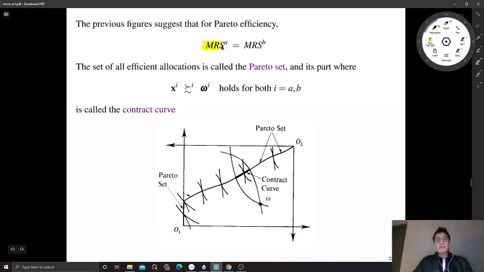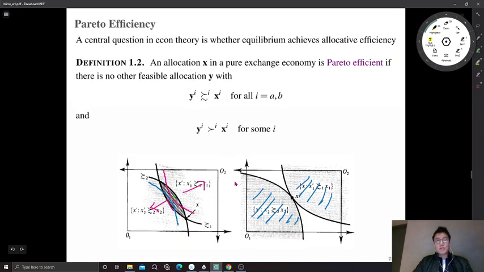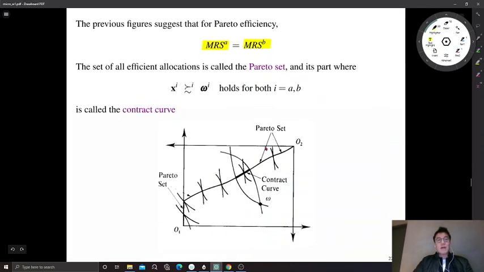So MRS A equals MRS B, that can be thought of as a condition of Pareto efficiency under a certain condition, because we assume smooth indifference curves. Whenever indifference curves are smooth and behave this way, then we have this simple condition for Pareto efficiency.